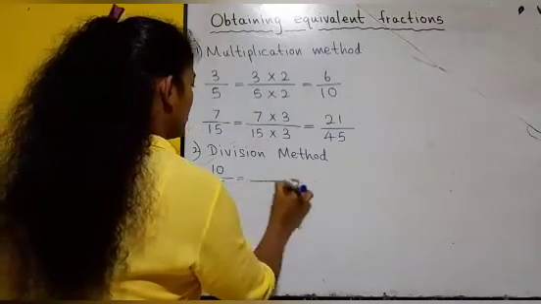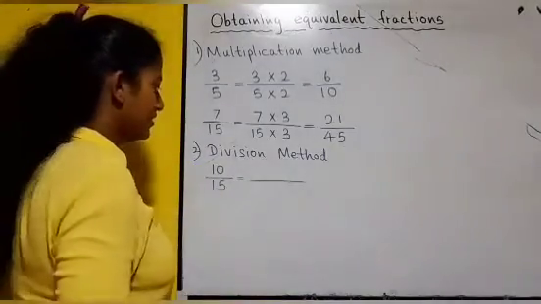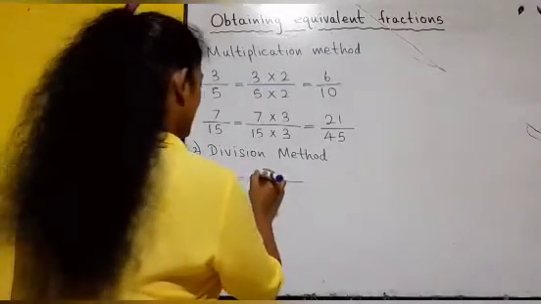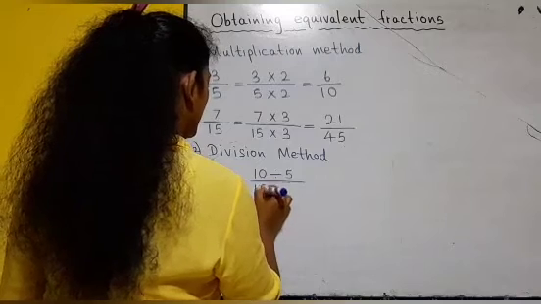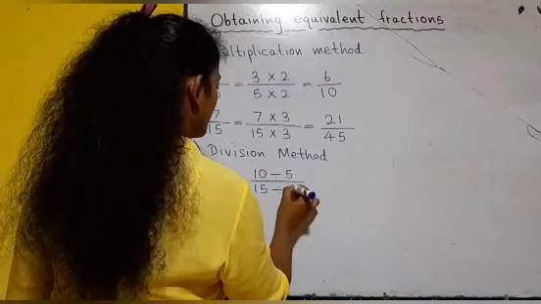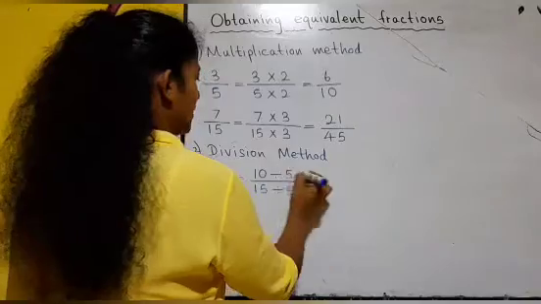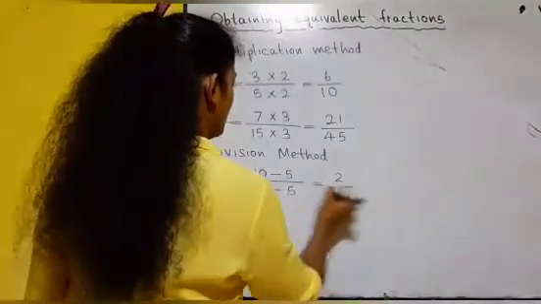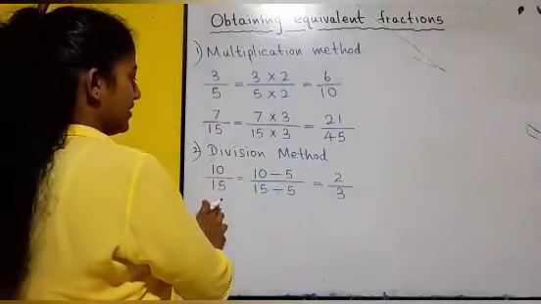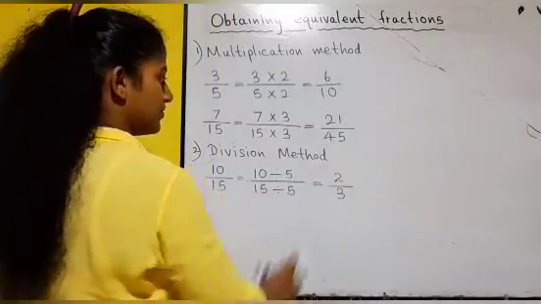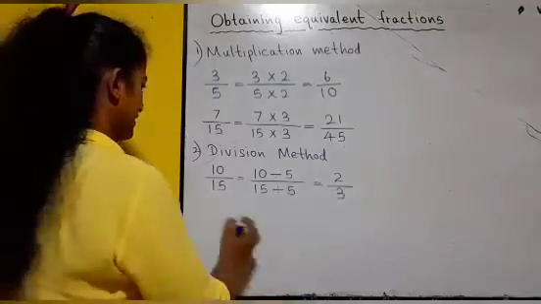We can divide both numerator and denominator by 5. 10 divided by 5, 15 divided by 5. 10 divided by 5 is 2. 15 divided by 5 is 3. So the fraction 10 over 15 is equivalent to the fraction 2 over 3.